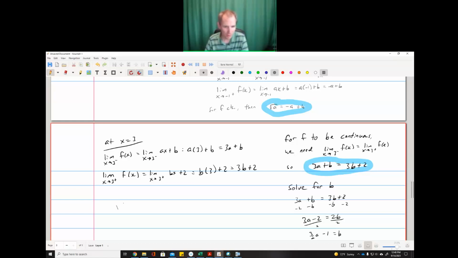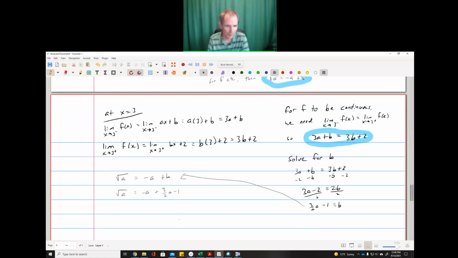So I start with the square root of a equals the opposite of a plus b, and we plug in for b to get 3 halves a minus 1. Okay, we'll group like terms a little bit. 3 halves a minus 1a will give me 1 half a.